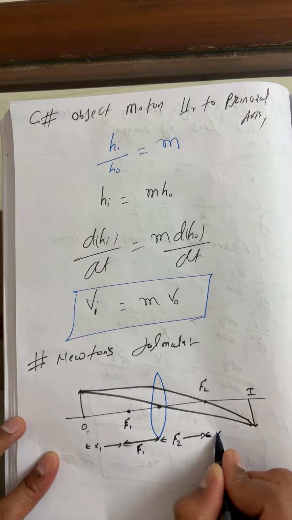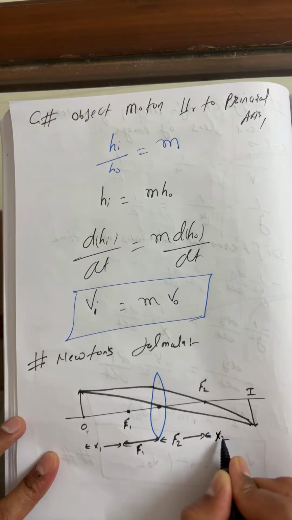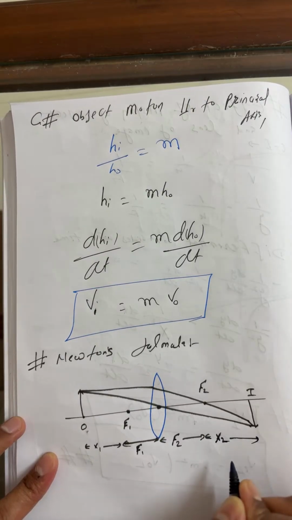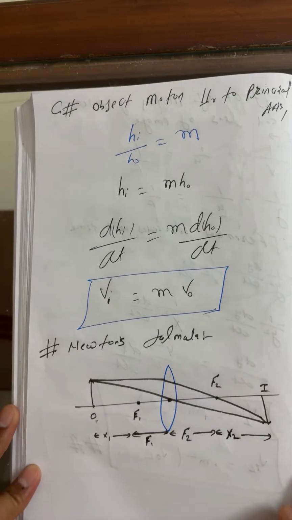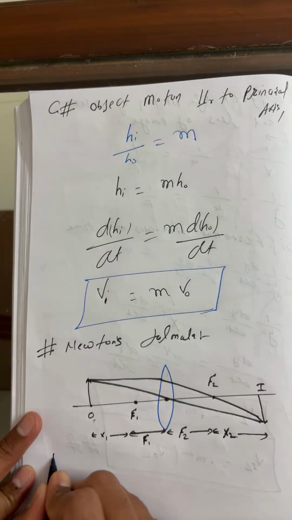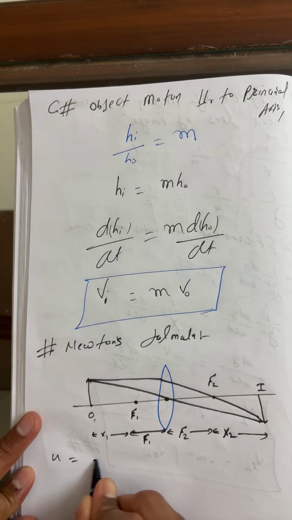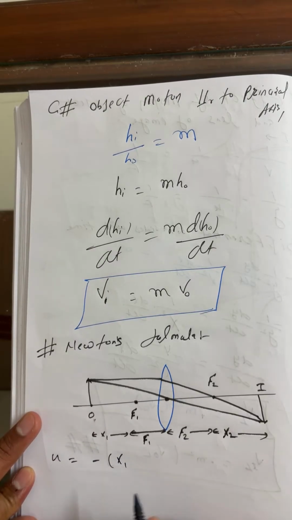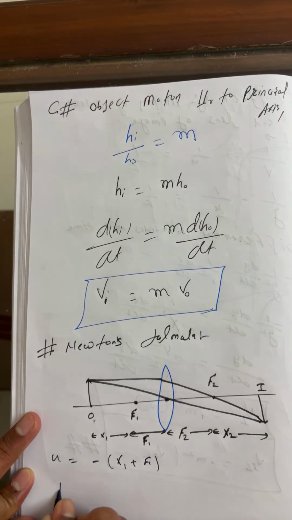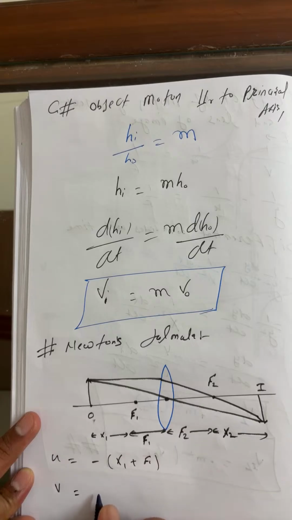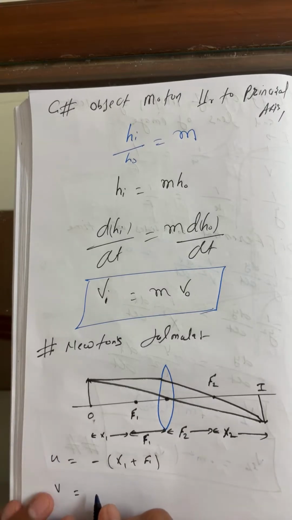And this I'm calling X2. Got it? Okay. So according to sign convention, what can I say? u is equal to minus times X1 plus F1. v, this is positive here, as I said. So this is the focal length.